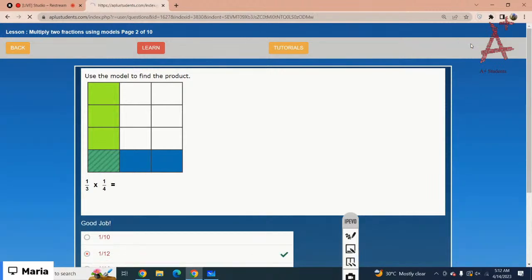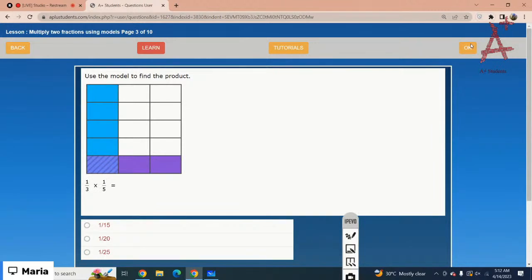Very good. 1 by 3 times 1 by 5, which is the correct option? Yes, very good. It is 1 over 15.